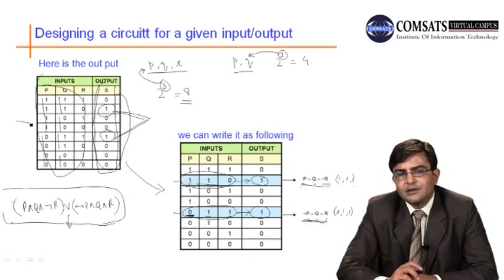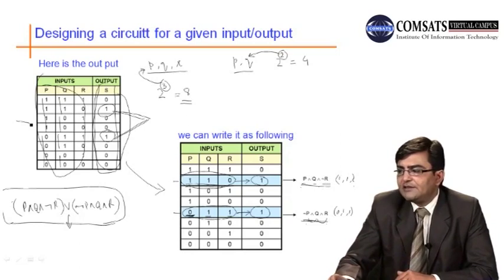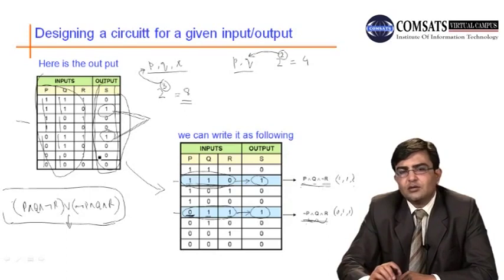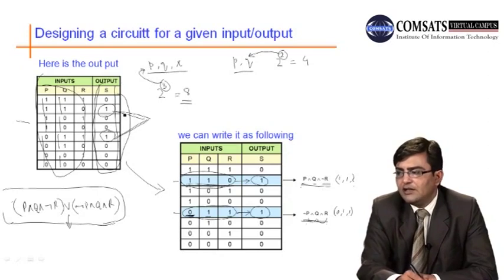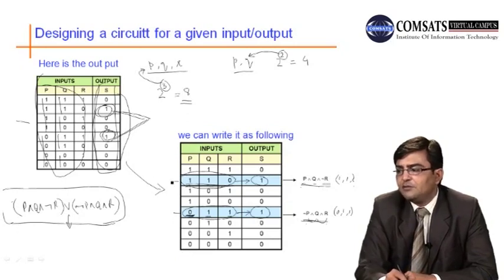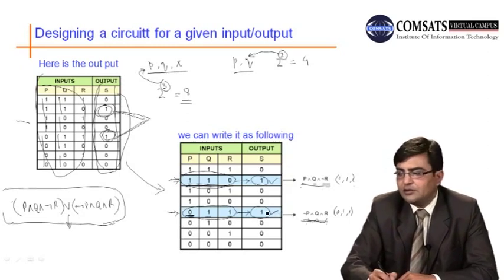So if we are given a truth table, we can write the corresponding logical expression which represents the output. I repeat here, we consider only those outputs which are true, as we have considered only one here and one here, and corresponding to these truth values, we choose only the inputs which correspond to the true values of the output.